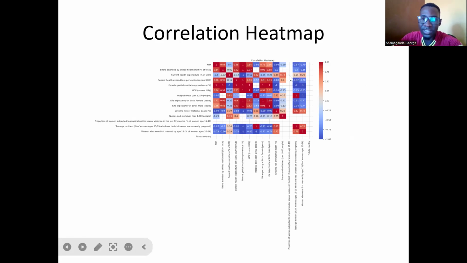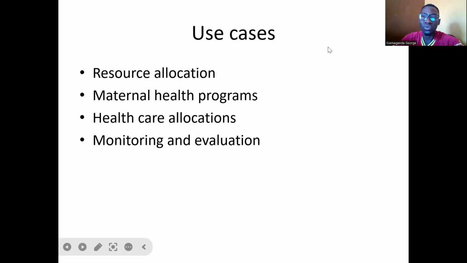It can either be negative or less than 1, and white, which is 0, represents no correlation between the two given categorical features. I looked at some of the use cases which we can apply for this dataset. It could be applied in resource allocation, maternal health programs, healthcare allocations, and monitoring and evaluation.